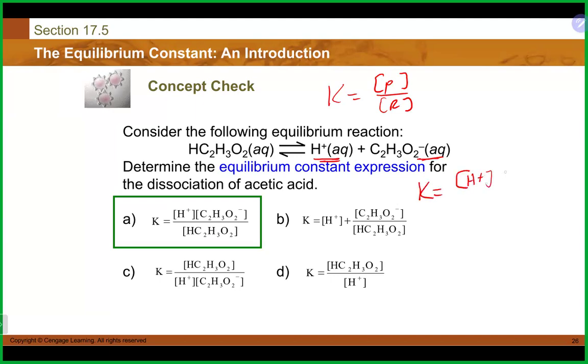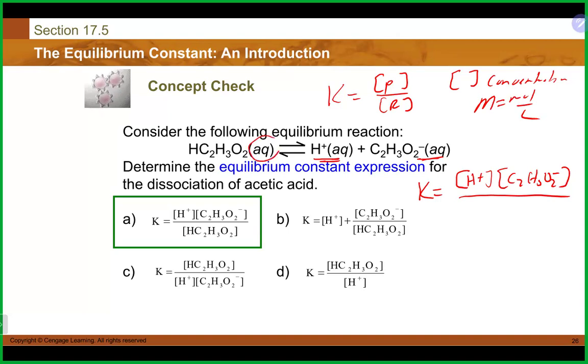So H plus times C2H3O2 minus. And remember as well, when we do the little brackets for concentration, we're really talking about molarity in most cases, moles per liter. And that's going to be divided by our reactants, which also is aqueous. So we're good to go on that. And again, our expression here would look like so.